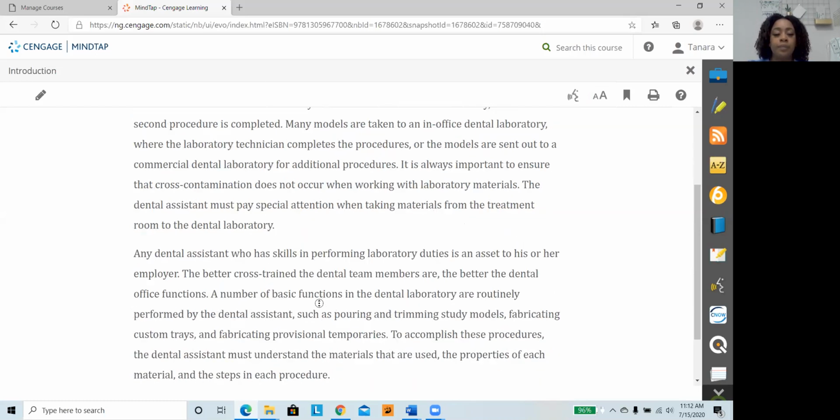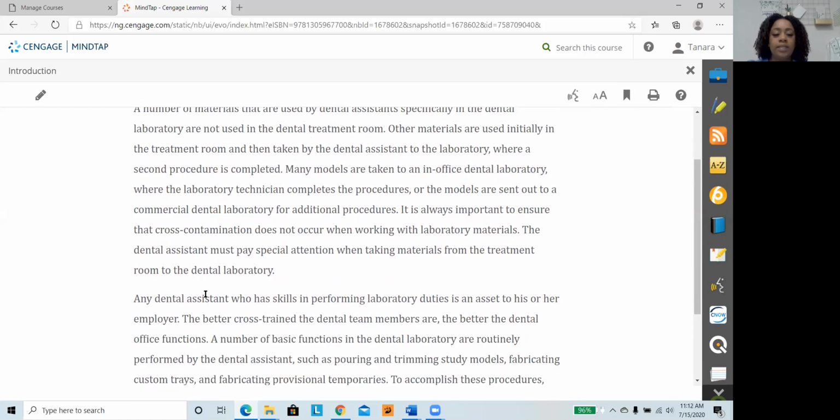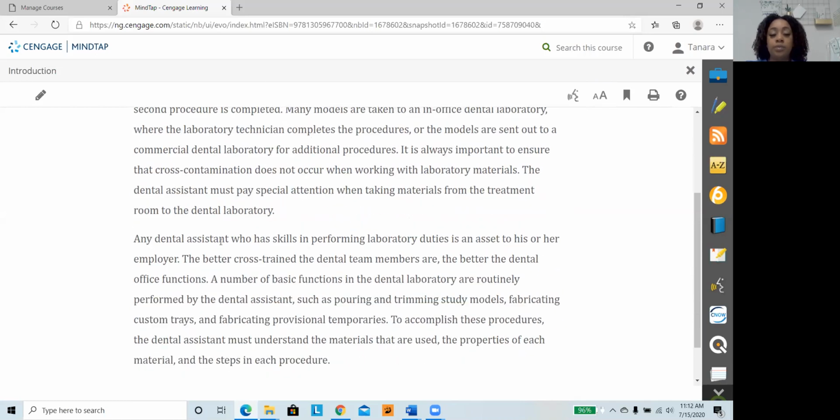Moving on. It says any dental assistant who has skills in performing laboratory duties, and that's whether you are assisting his or her employer, regardless of whatever doctor it is. The better cross-trained the dental team members are, the better the office will function.